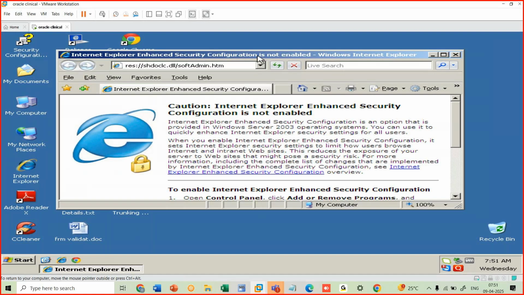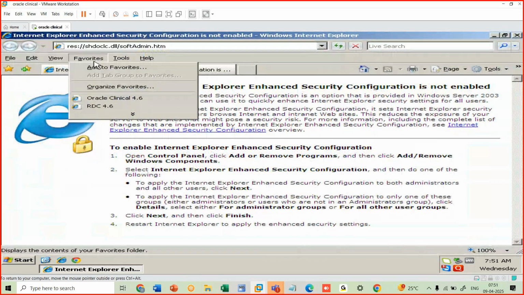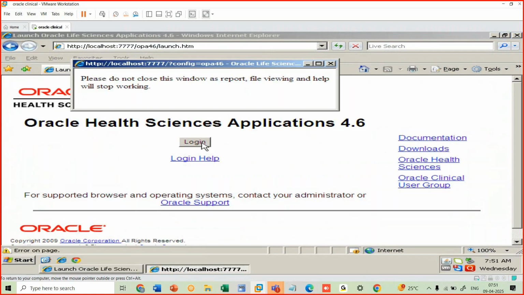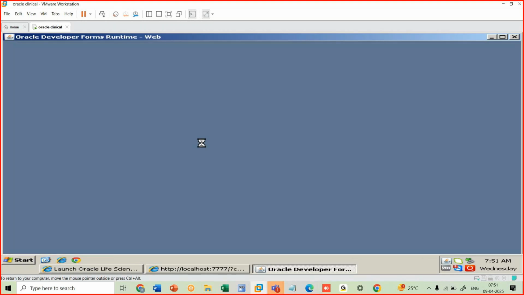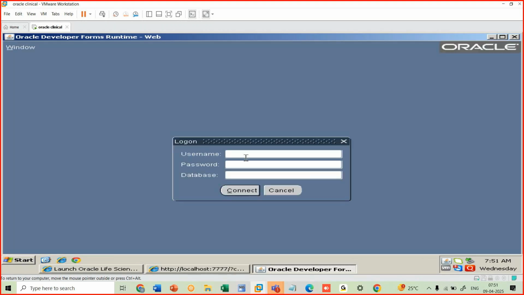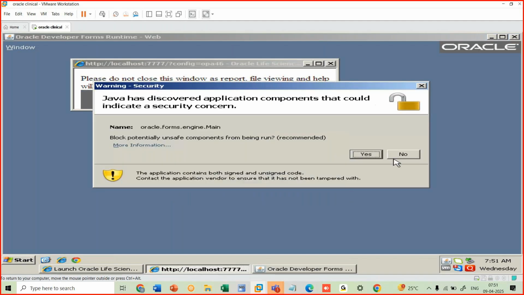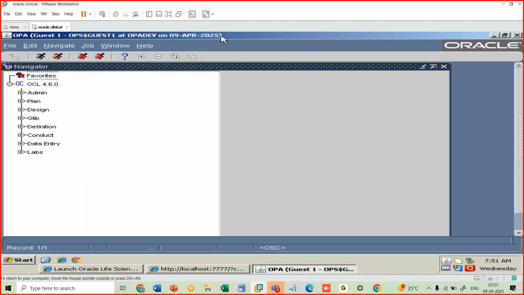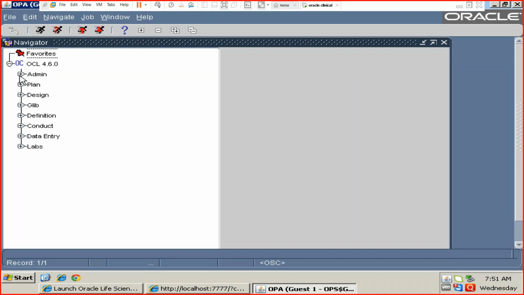That is a product of Oracle only, which is used for data entry and data validation. So I'm just entering. This is the database you see. We have all these subsystems.